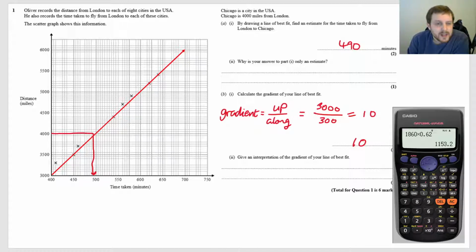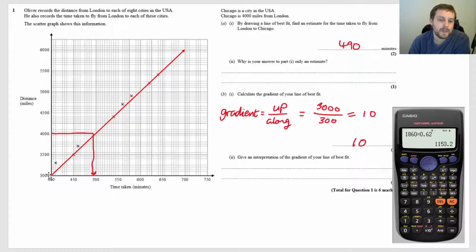Well, no, it doesn't. It says 9.4 to 9.8, but I think if I was being more accurate, and if I actually had it in front of me and I had a ruler and stuff like that, I could have been slightly more accurate. Hopefully I've explained this in enough detail. If you are stuck on gradients and don't understand gradients, I've got loads of videos on gradients, including a playlist on them. You really are just working out how far up have you gone divided by how far along have you gone, okay?